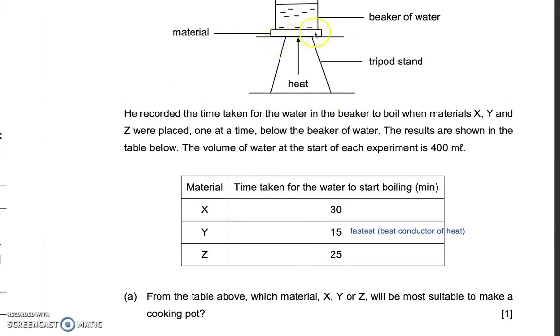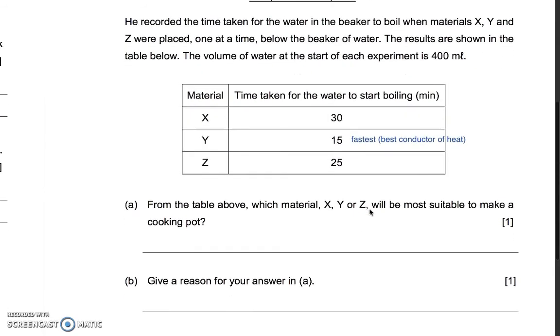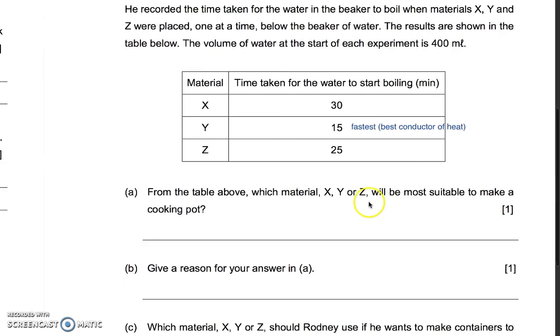So if it's the best conductor of heat, it will allow heat to pass through the material easily to boil the water faster. But if it's a poor conductor of heat like X or Z, it will not allow heat to pass through it easily, hence it takes a longer time for the water to boil. Over here, which material X, Y, or Z is most suitable for making a cooking pot? So the answer should be material Y.